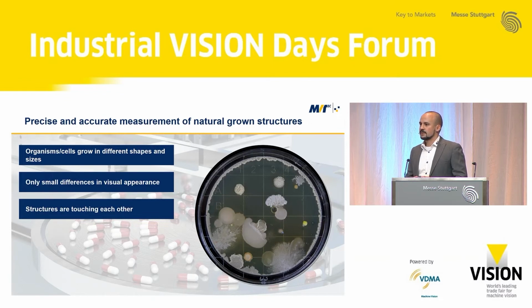And the challenges for these applications are that these organisms and cells grow in all different kinds of shapes. They grow in different sizes. And as is visible here, the difference between different types of organisms is only very small. So visually, it's quite difficult to differentiate between them.